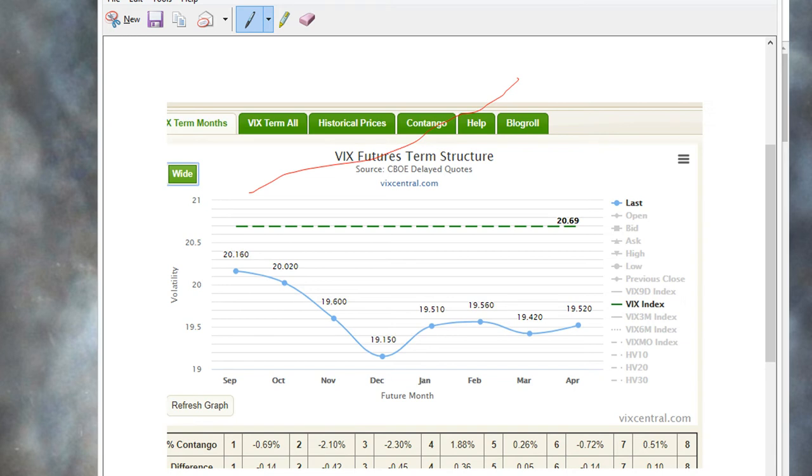So this is not a normal state for these futures. The reason that they haven't arranged themselves above spot right now is because the likelihood is that spot's going to go back down from here. But if for some reason spot just stays here, these futures will arrange themselves in a contango shape above spot.